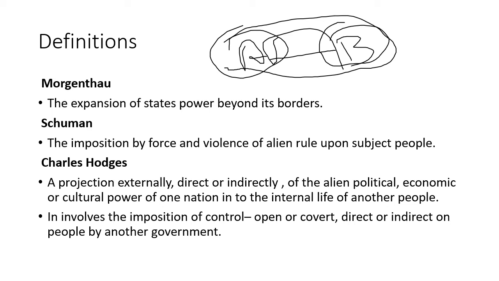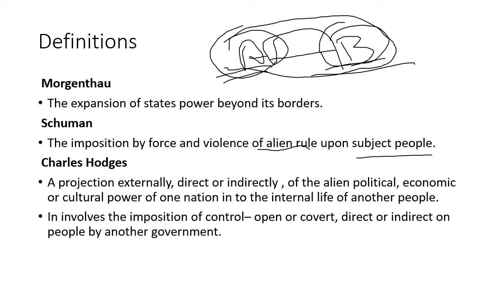According to Schuman, imperialism is the imposition by force and violence of alien rule over subject people. It's the same definition in other words. If a state controls another state, that's called imperialism. Or if a state pursues control of another state, even then we say that state is following an imperialist policy.